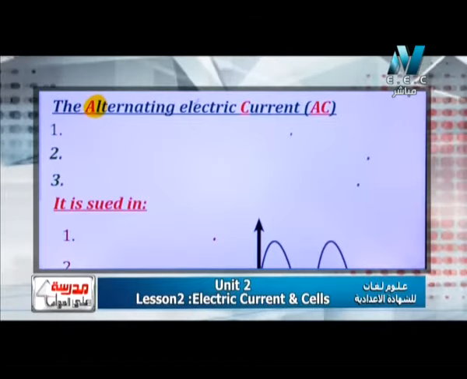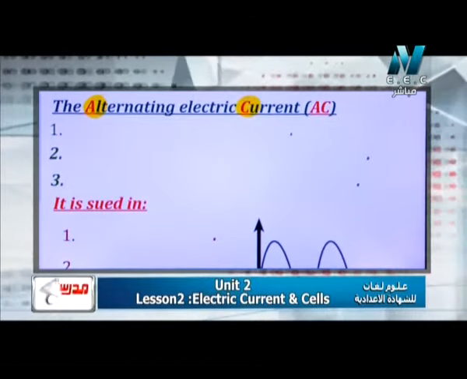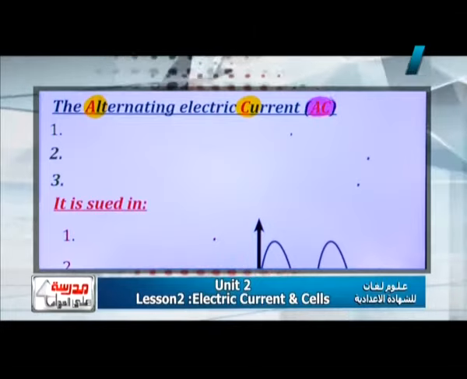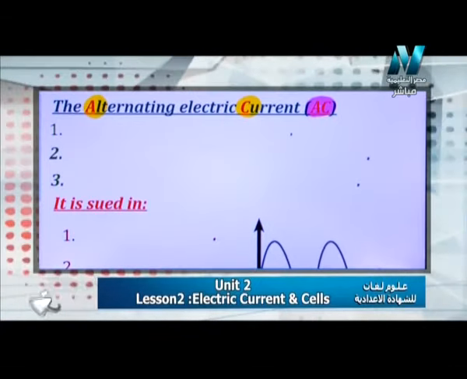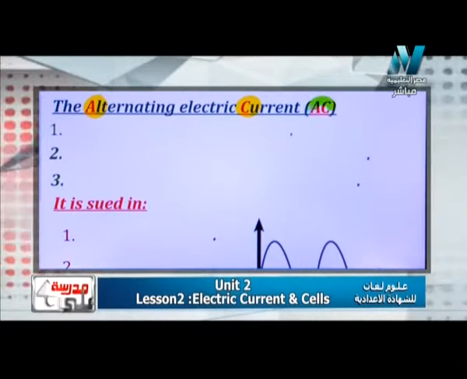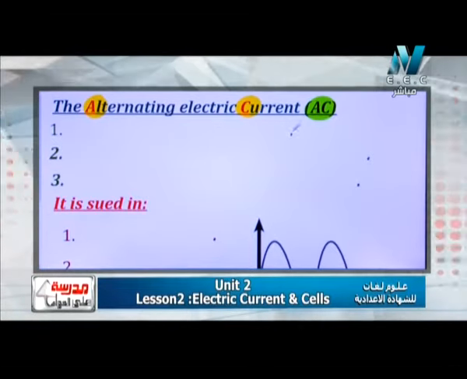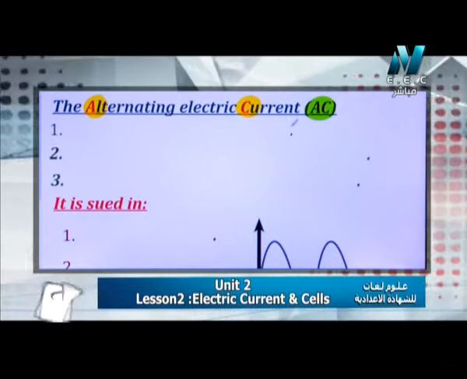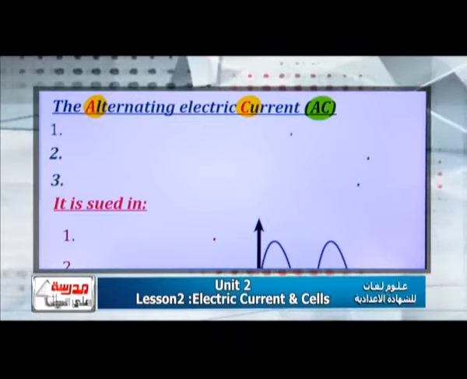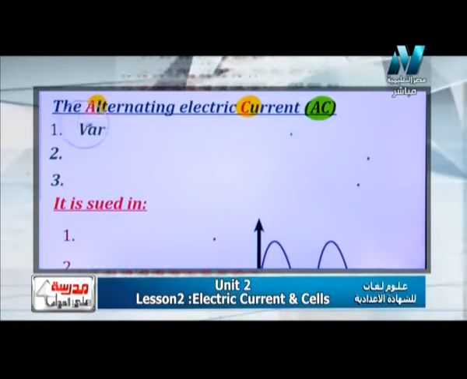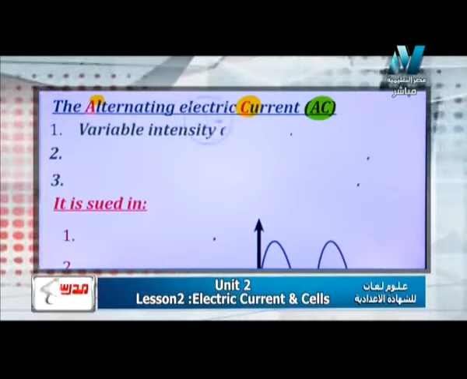We have another current here, alternating current, AC. Alternating يعني متغير, يعني changeable. So we have to know, number one, variable intensity and direction.